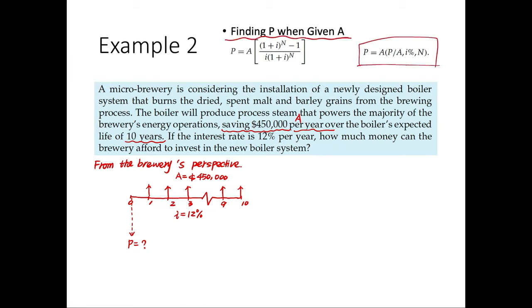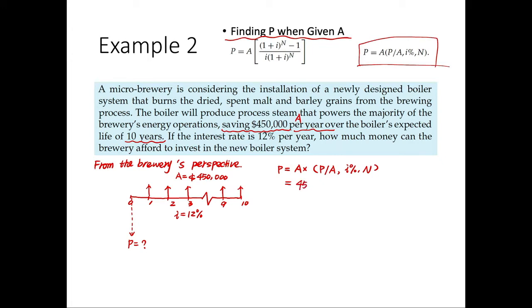So you're going to use this equation. Okay, so P is A times a factor. Let's practice. The factor is to find P given A and I% and N. Okay, so what is A?